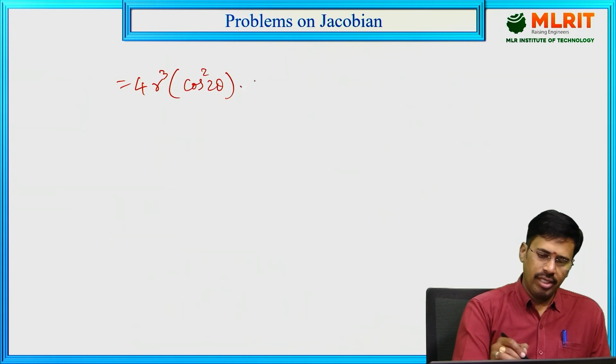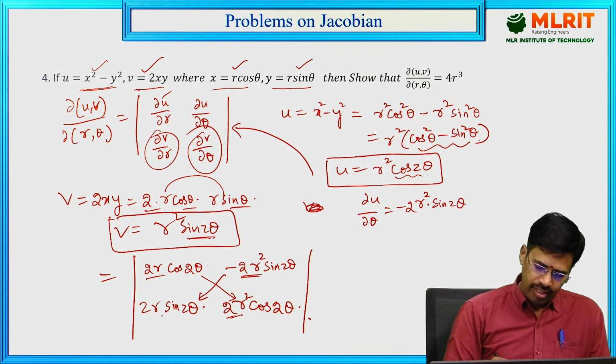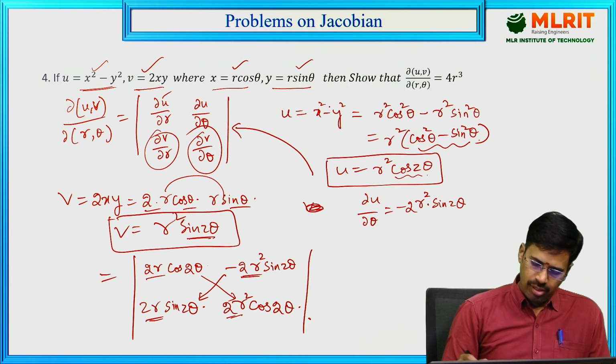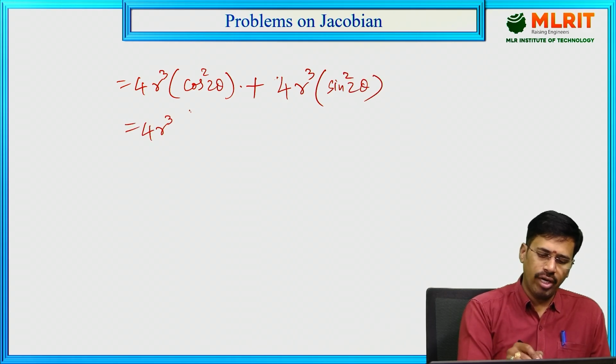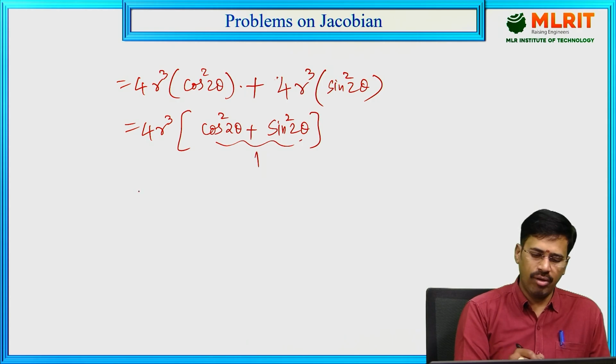Minus into minus plus 2r square into 2r, that is 4r cube, sin 2 theta into sin 2 theta, that is sin square 2 theta. So if I take 4r cube common, I get cos square 2 theta plus sin square 2 theta. But we know that this value is 1. So 4r cube into 1, that is 4r cube.